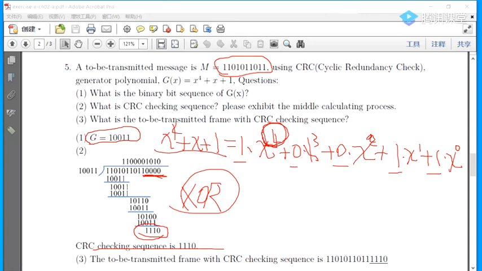Okay. Do you understand question 5? Calculation for the CRC code. Use modulo-2 division with XOR.